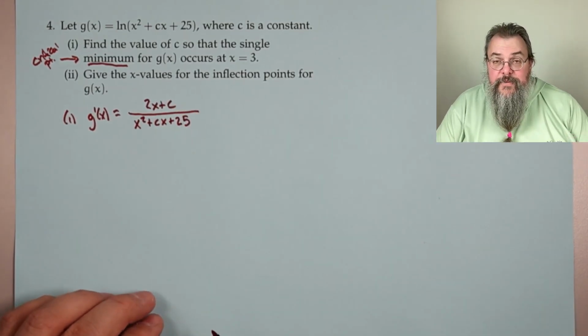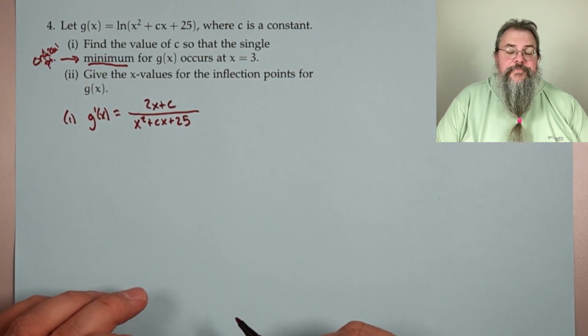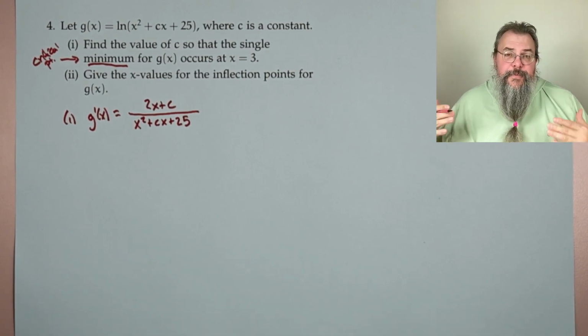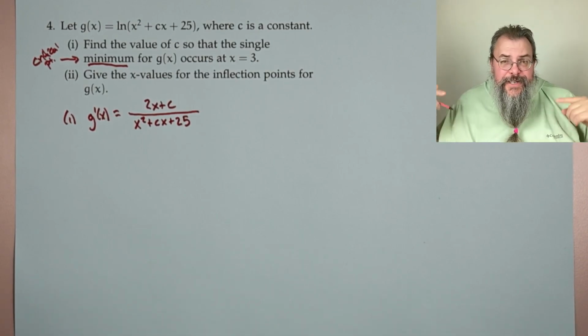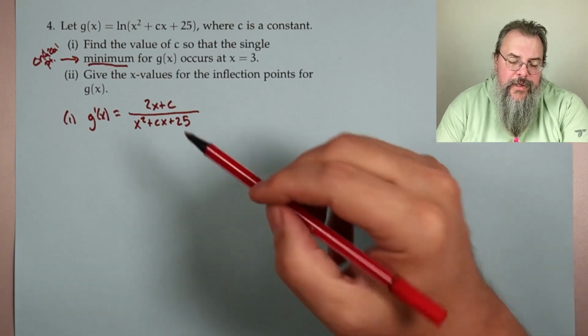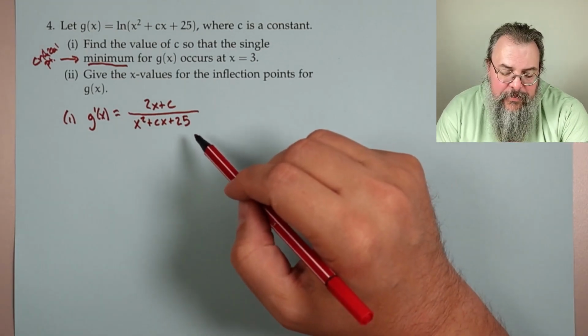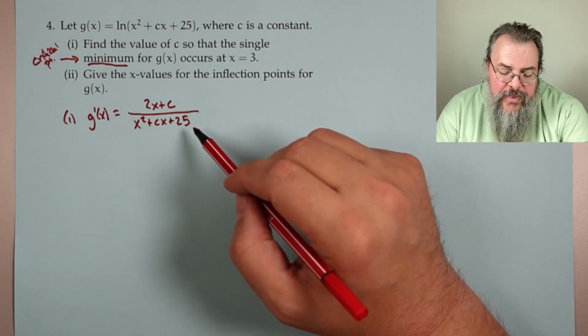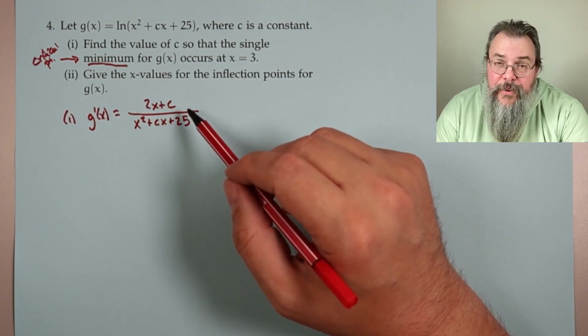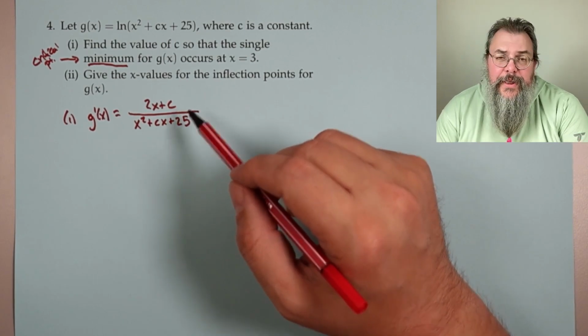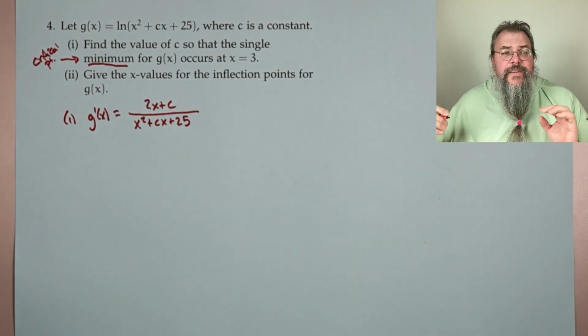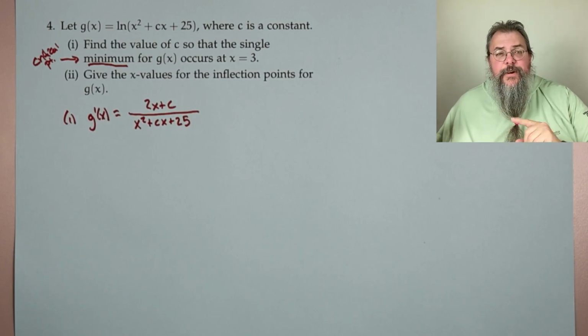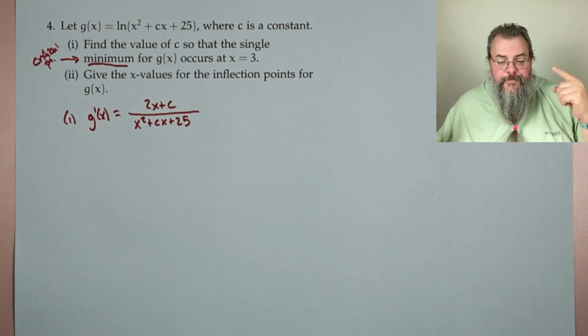That's what goes upstairs. Now, what kind of critical points could we have? Well, we could have issues where the denominator is 0, but where the denominator is 0, we might have other critical points. And so the first thing we should try is to look at the critical points where the numerator is 0.